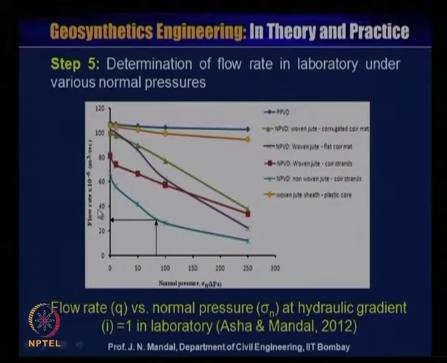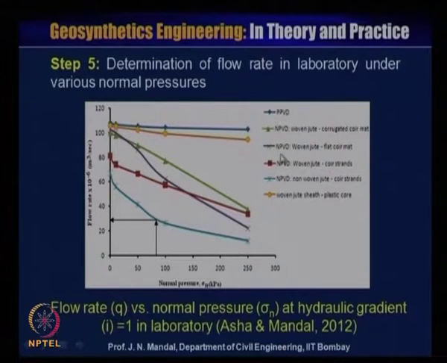These tests have been performed under various normal pressures, maybe 50, 100, 150, 200, 250 and so on. So, for any particular normal pressure, you can directly determine what will be the flow rate of that sample.